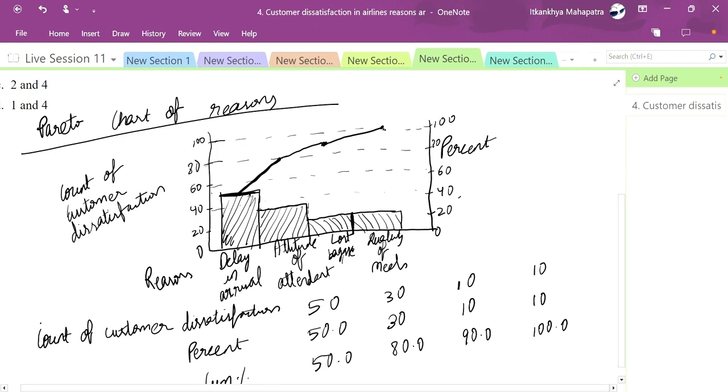So this is the way of drawing a Pareto chart of reasons.